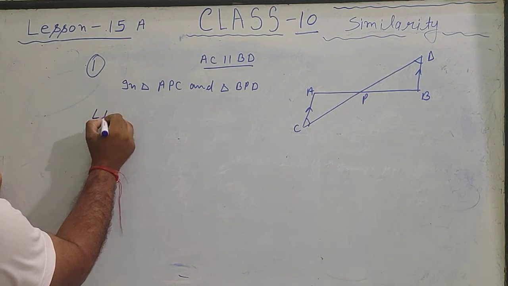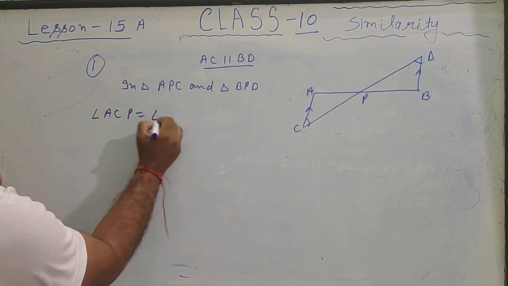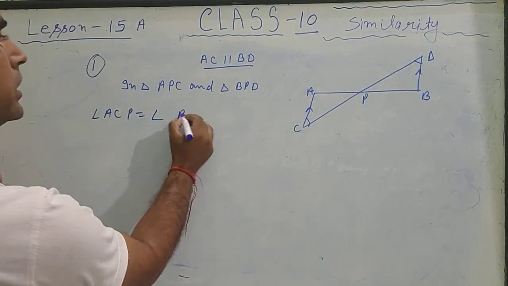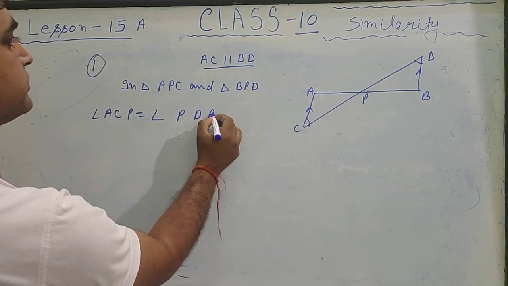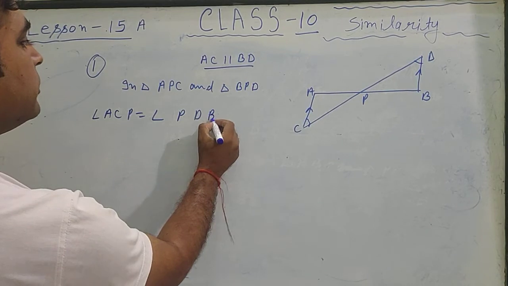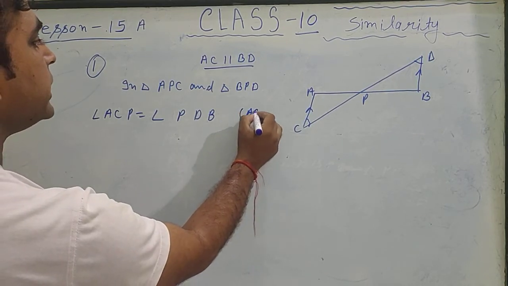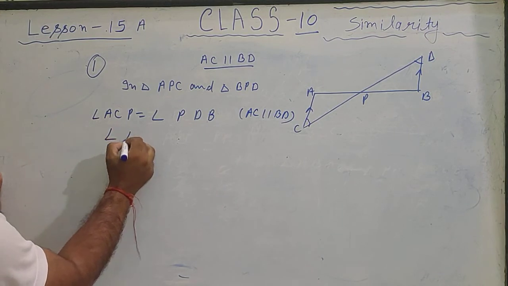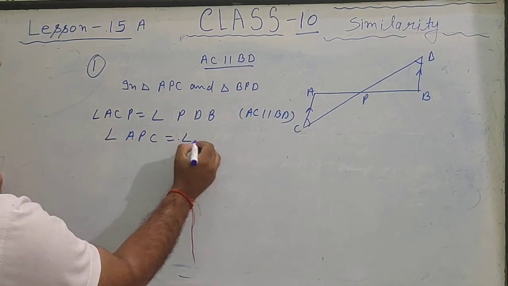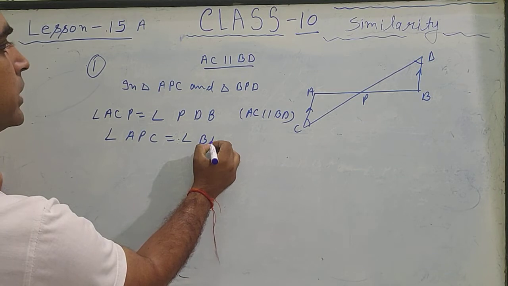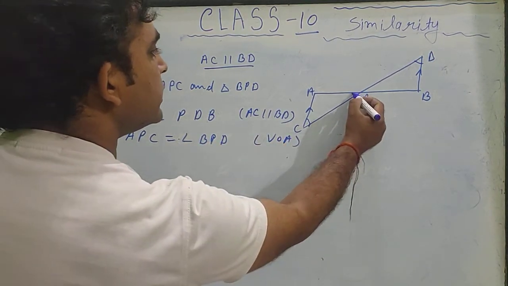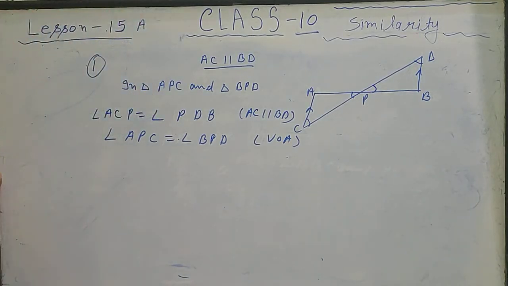So angle ACP is equal to angle PDB. Why? Because AC is parallel to BD. Now second, angle APC is equal to angle BPD, vertically opposite angle. This angle is equal to this angle, vertically opposite angle.